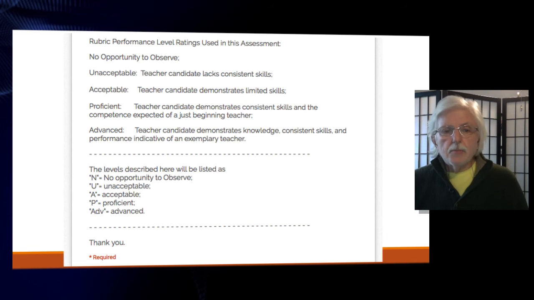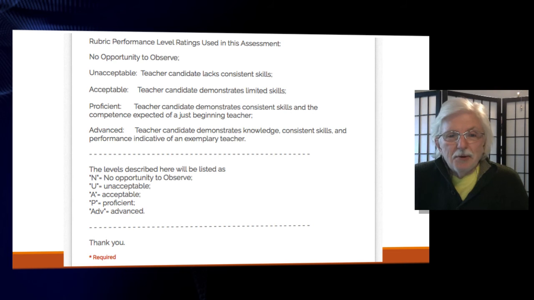Some may get into the proficient area, where they're demonstrating consistent skills and competency, even of a beginning teacher. So a few will be there. Maybe one or two, maybe no one. Advanced: those are the teacher candidates who demonstrate knowledge and have skills that indicate they will be an exemplary teacher and could do so very quickly.